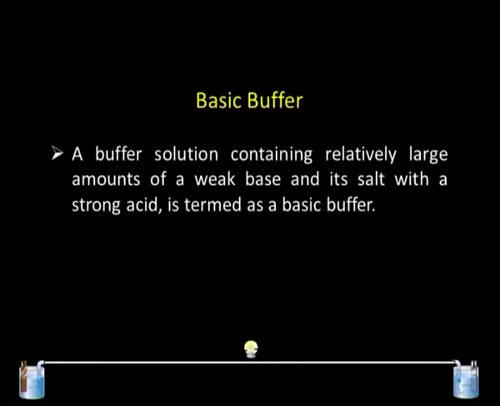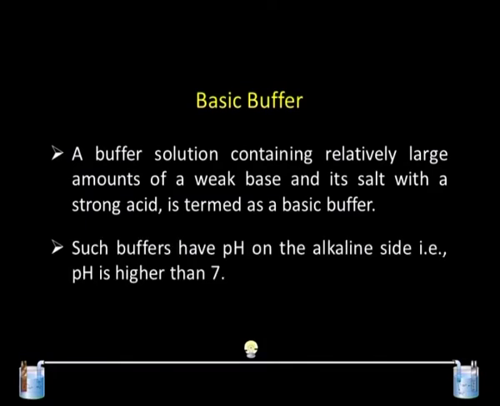Let us now consider basic buffer. A buffer solution containing relatively large amounts of a weak base and its salt with a strong acid is termed as a basic buffer. Such buffers have pH on the alkaline side, that is pH greater than 7.